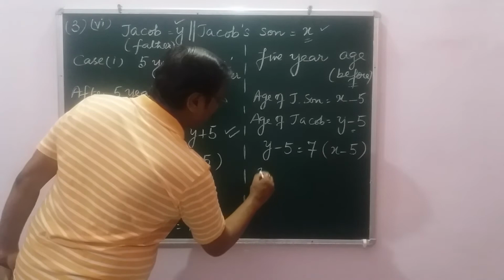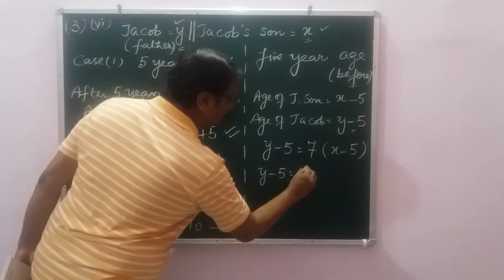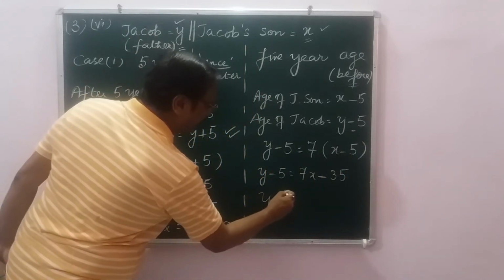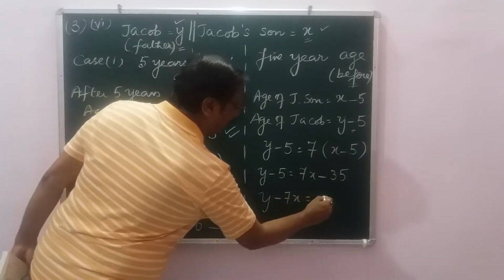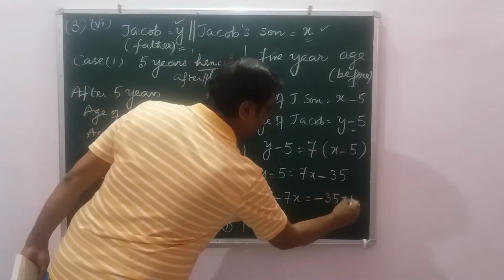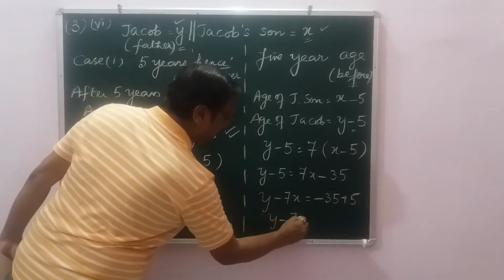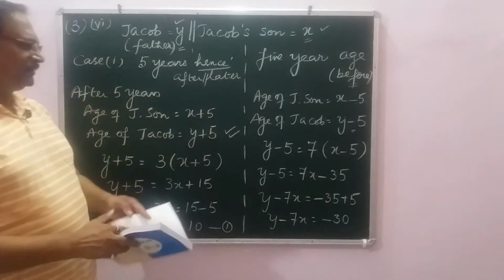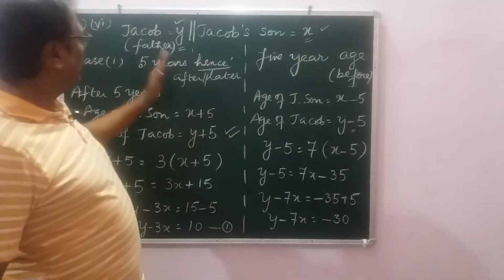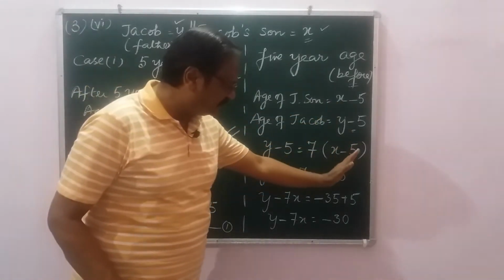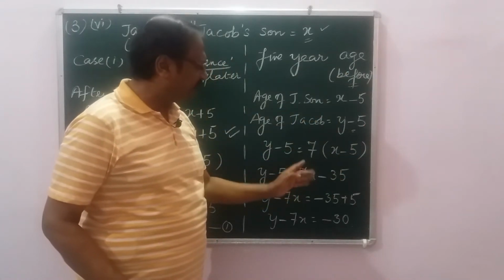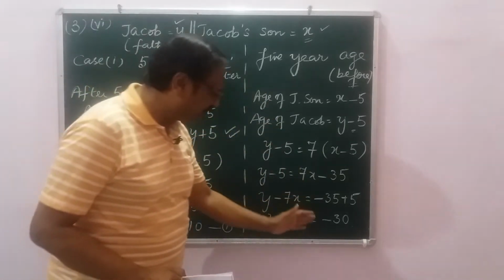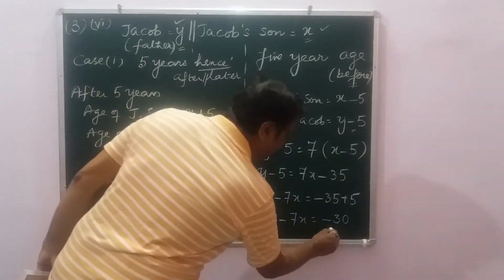So, we expand: Y minus 5 is equal to 7x minus 35, or Y minus 7x is equal to minus 35 plus 5. That is Y minus 7x is equal to minus 30. I have compared the father with the son before 5 years, that is 7 times the value. I call this equation number 2.